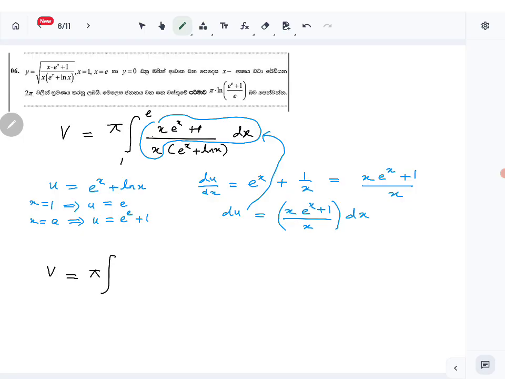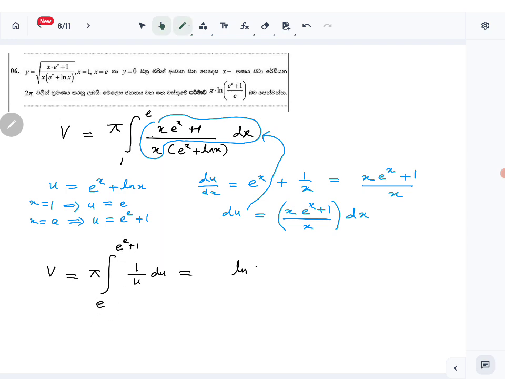So pi is outside, from e to the e plus 1. That whole thing is du, so this is just u, so 1 over u du, right? So that means ln u. We can include the absolute value sign, but no need because our limits are positive.